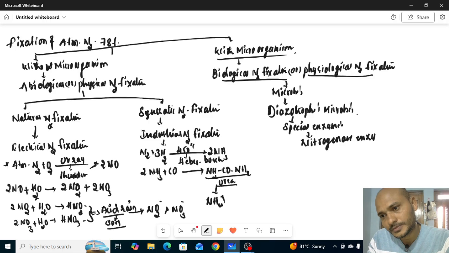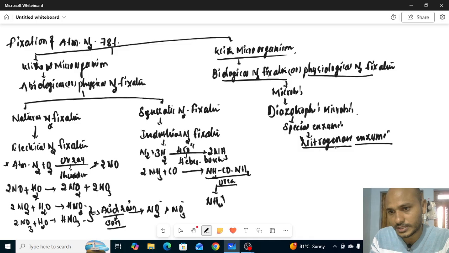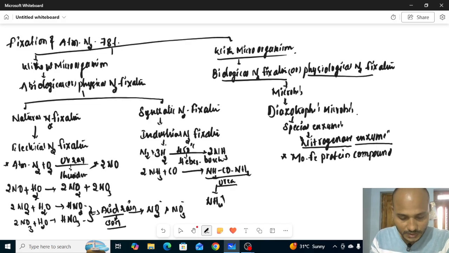Generally, these nitrogenase enzymes are made up of a molybdenum iron protein compound. Molybdenum and iron protein compound structure it is. Next, this nitrogenase enzyme helps in the conversion of atmospheric nitrogen into ammonium ion.